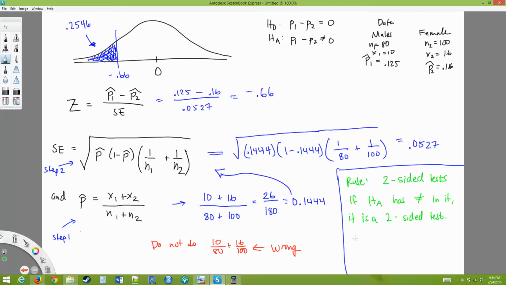And that means your p-value is 2 times the tail area. So in our case, my tail area is 0.2546, so my p-value is going to be 2 times 0.2546, and so I get 0.5092. This is my p-value.